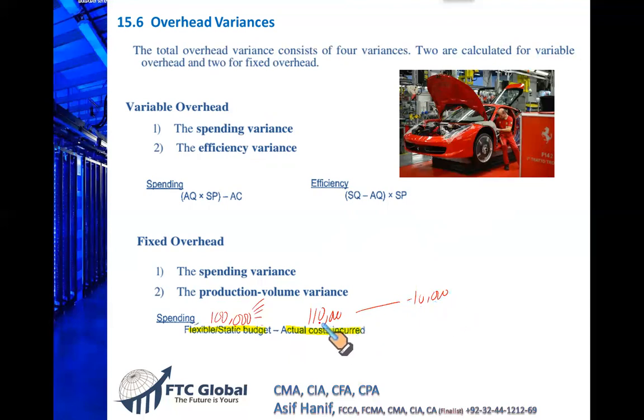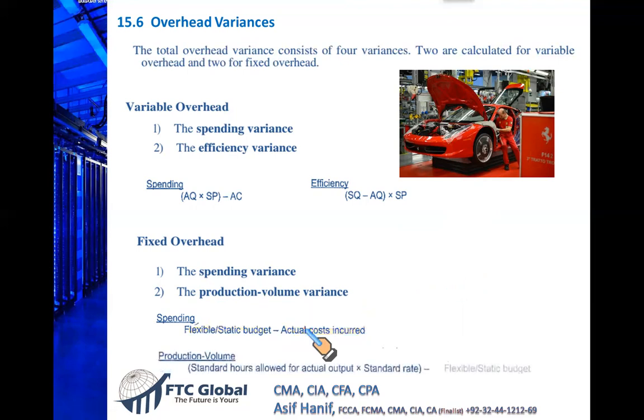Or maybe it's just 90,000. As the budget was 100,000, it's going to be 10,000 favorable. So basically, the spending variance determines what our original budget for fixed cost was and what actual cost we incurred. The difference could be a favorable or an adverse variance. It's very simple to calculate. We'll do all these in big questions. This one is a little twisted, a little confusing to some students.